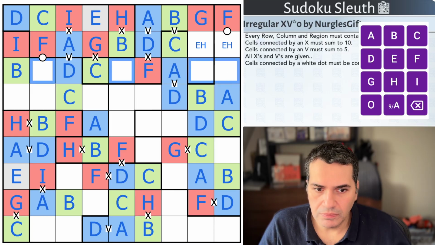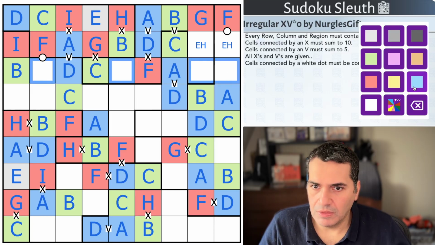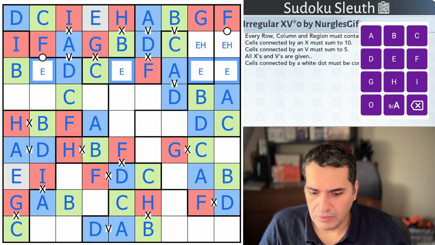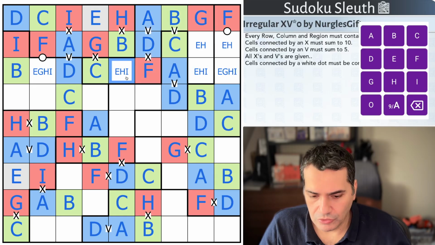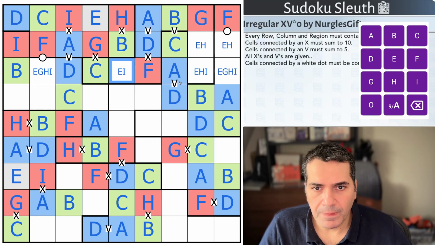Next 4. A, B, C, D. I'm missing a ton, actually. E, G, H, I. No G. In fact, no G either, just same block. No H next to B. No I next to A.